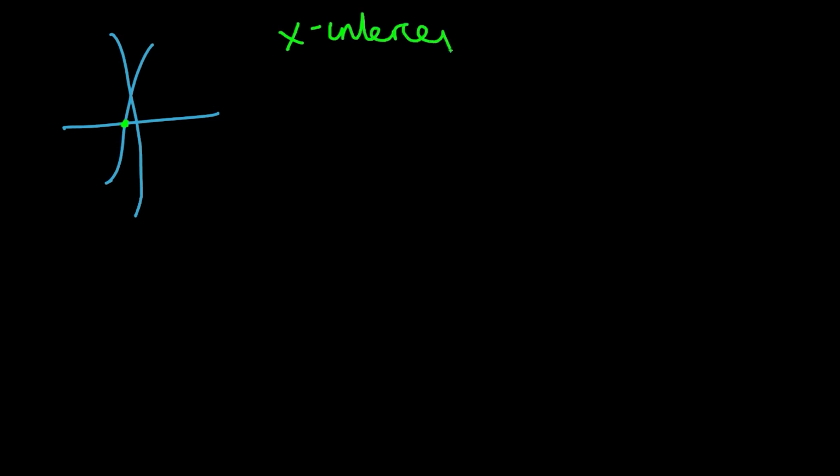Okay. Now let's move on to see how we can find the x and y intercepts. That is, the places where the graph crosses the x-axis, that's the x-intercept, and where it crosses the y-axis, that's the y-intercept.